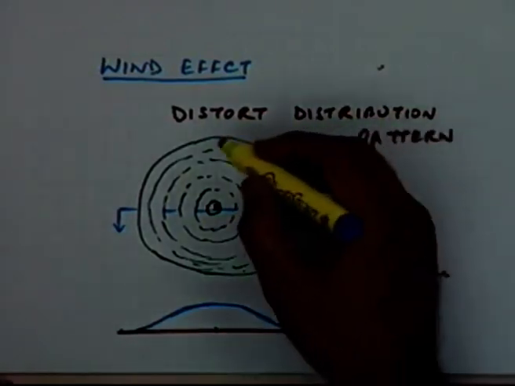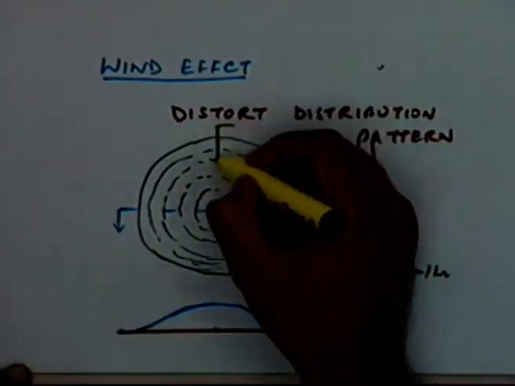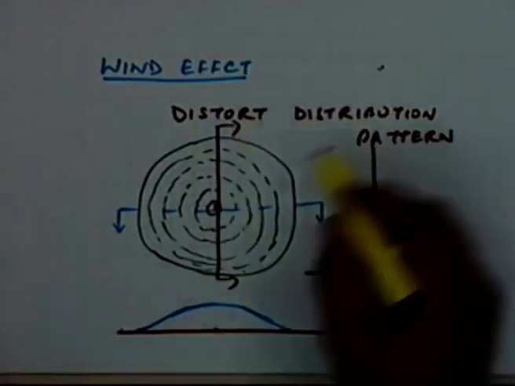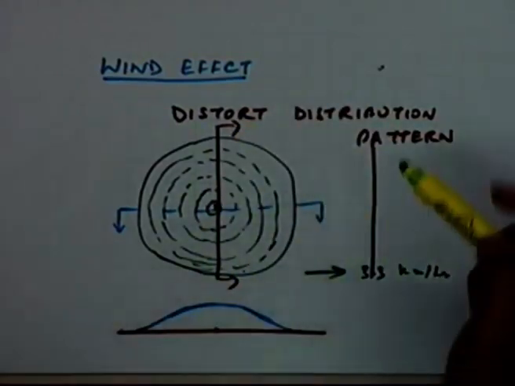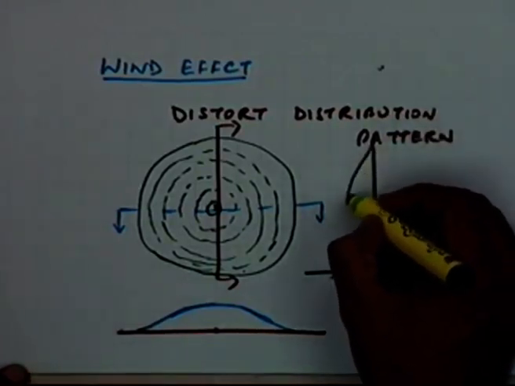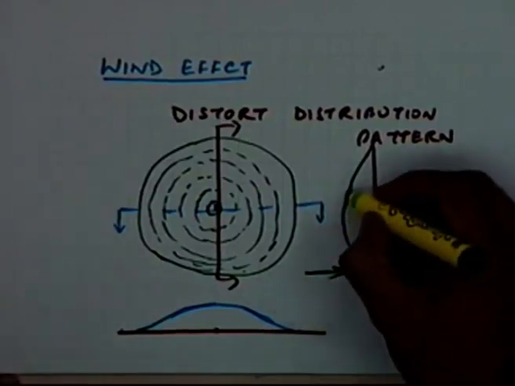Similarly, on this side also, if you take the cross section in the other direction, again the distribution pattern is not very much different than the pattern which you have obtained in the other direction.